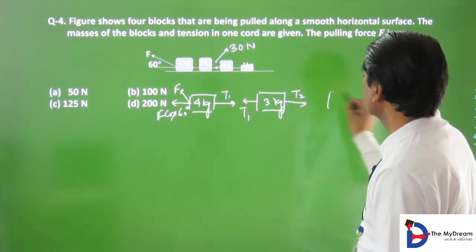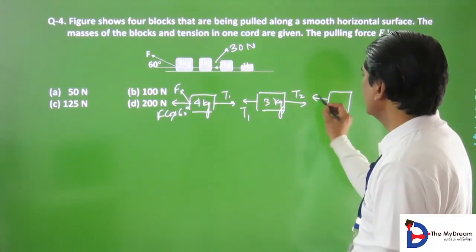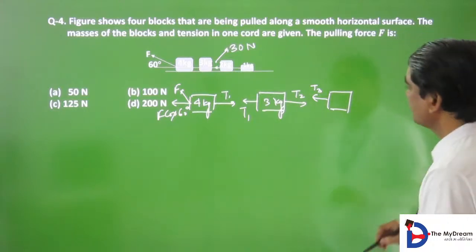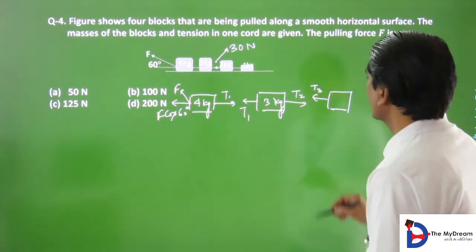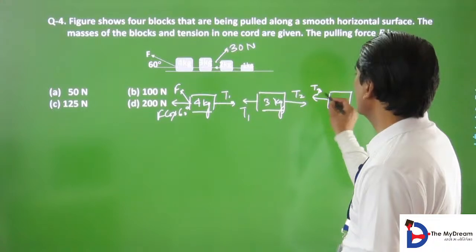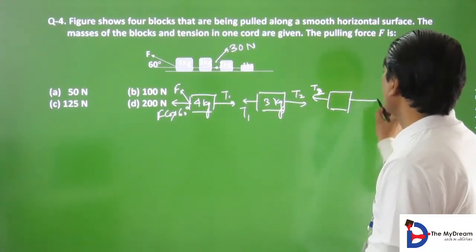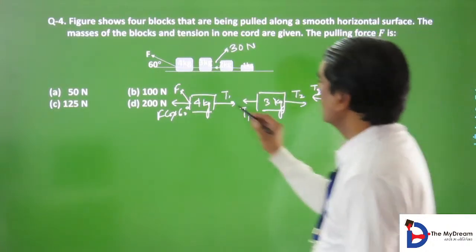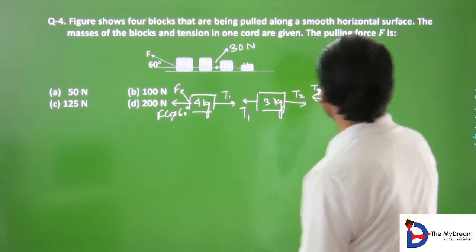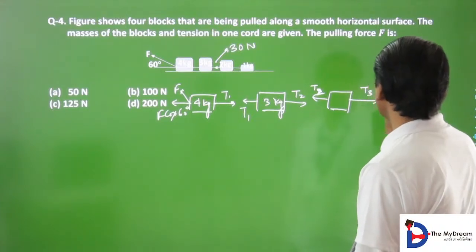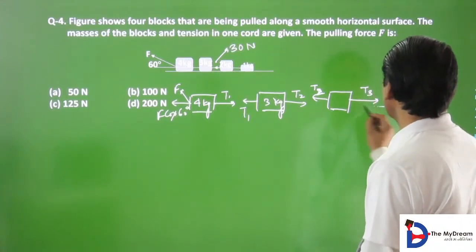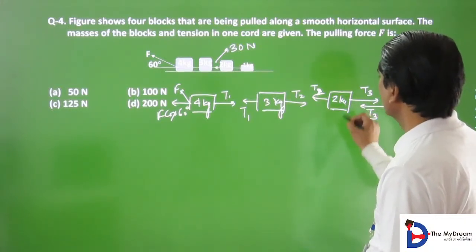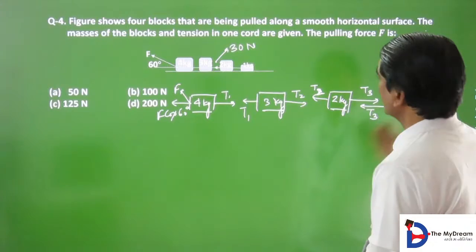Now this is T3, and this is T2. This is the 2 kg block, and this is the 1 kg block.